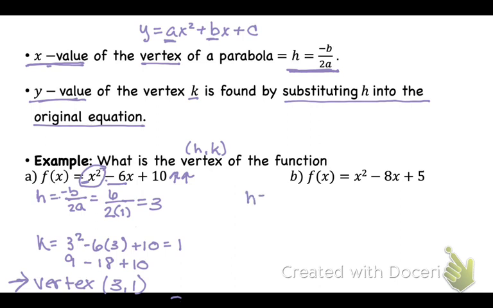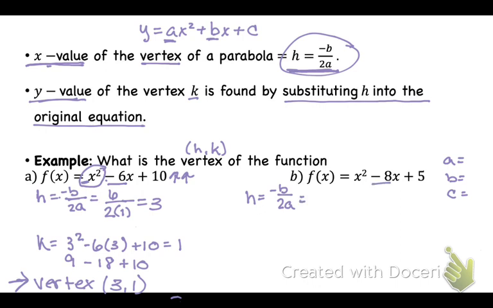So h equals what, Jenna? What's the formula? Negative b over 2a. I will tell you, some people write a equals, b equals, c equals over to the side. If that would help you, you should do it. Okay. So what is b?